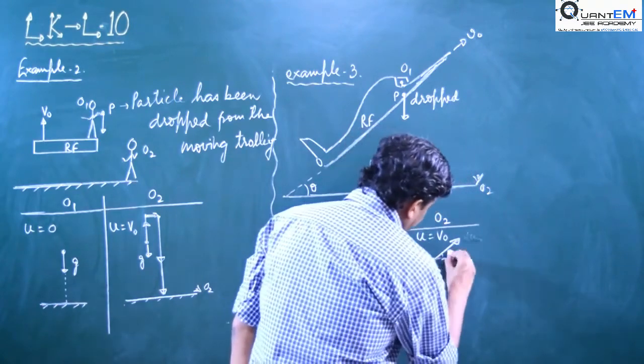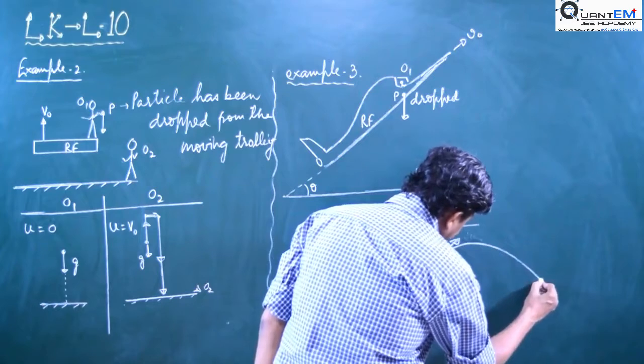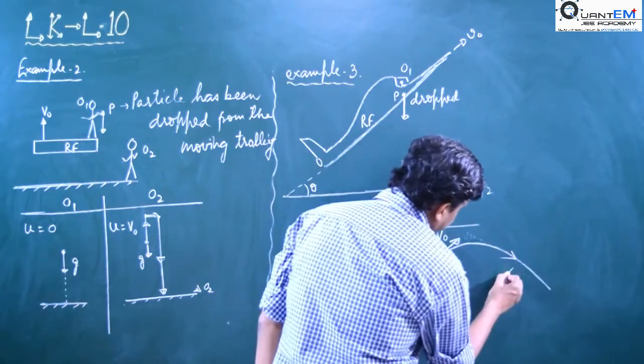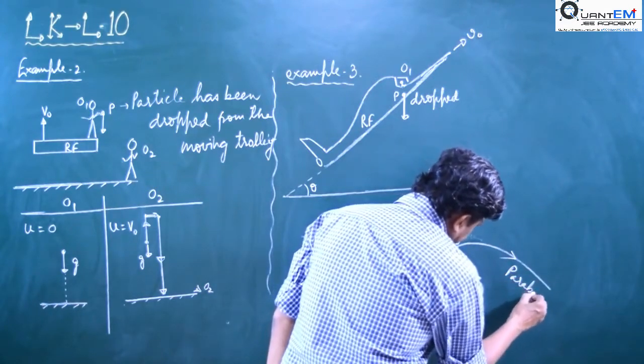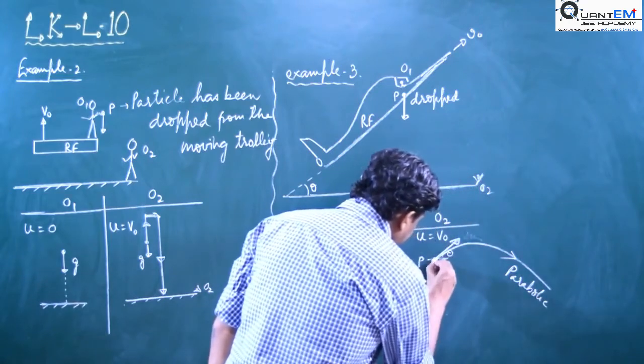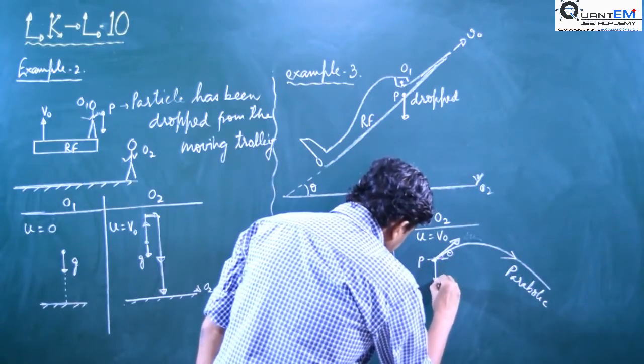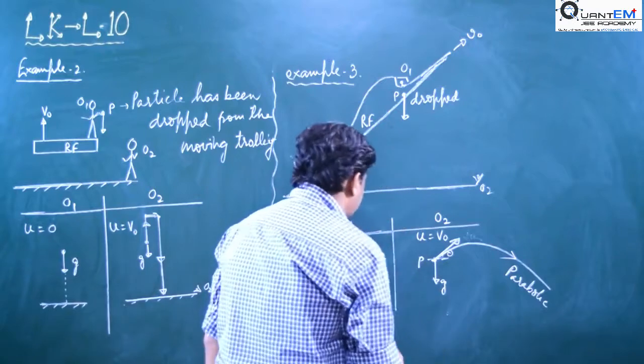So for the second observer, the particle will be moving like this. The path will be a parabolic path. Here gravity is in the downward direction.